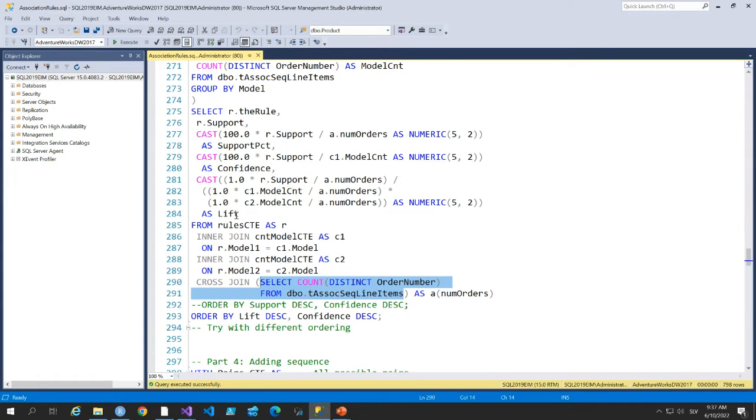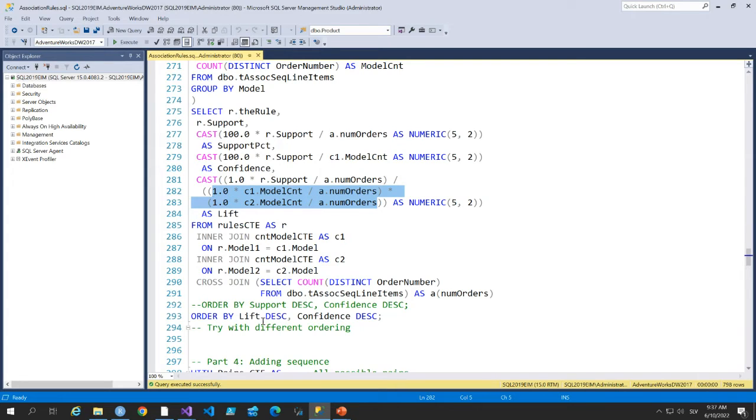Simply, I can also calculate the lift with one additional expression. So compared to the previous query, it's just one expression more. So it is the probability for the combination divided by the multiplication of probabilities for a single model.